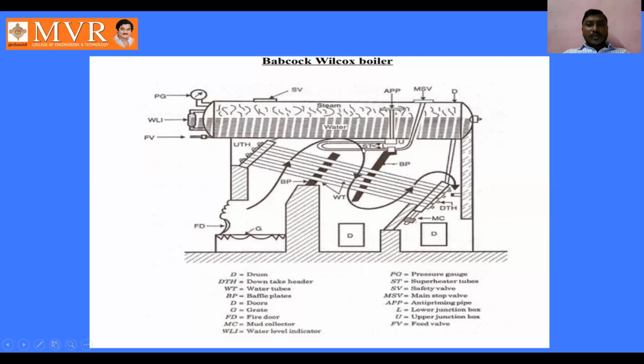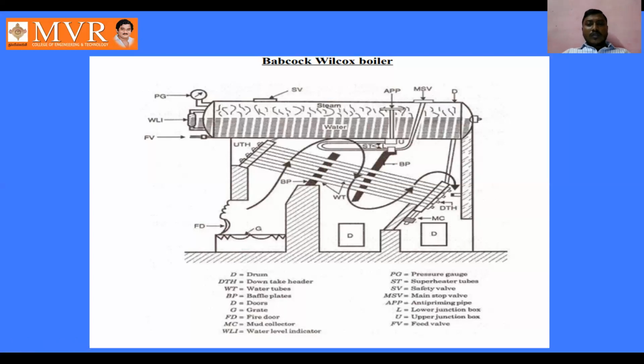Converting steam into superheated steam means raising the temperature of the steam. The steam enters the superheater tubes, the temperature rises, and then the steam moves to the main stop valve.